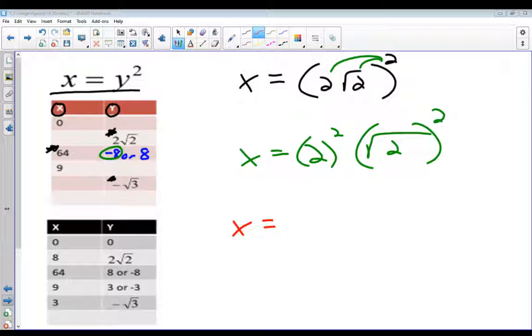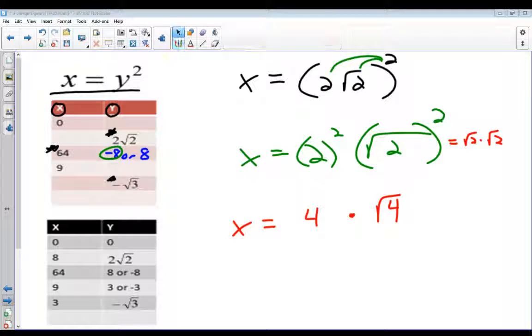So 2 squared will become 4, and then square root of 2 squared, that's just the same thing as square root of 2 times itself, which is going to be square root of 4. But then if you simplify that, you know the square root of 4 is a perfect root, which becomes 2.